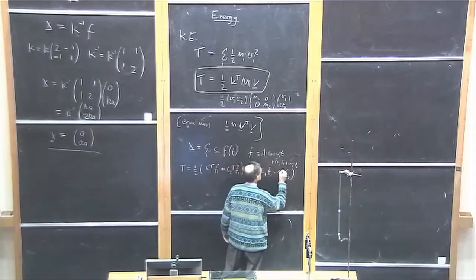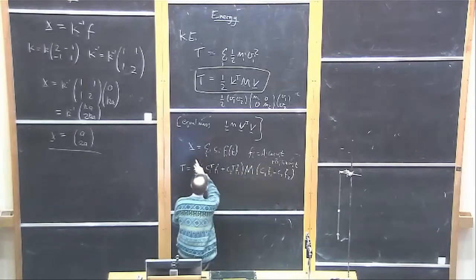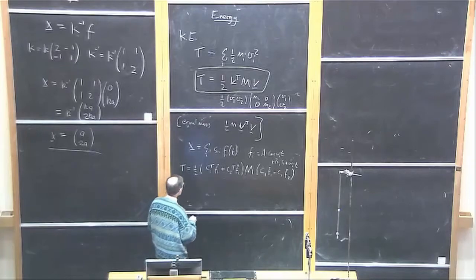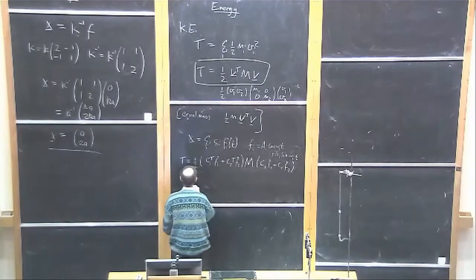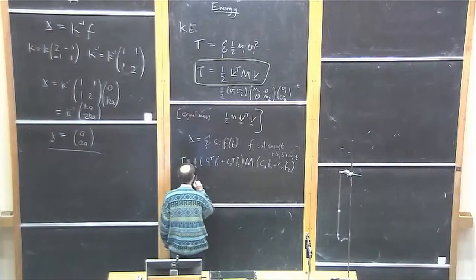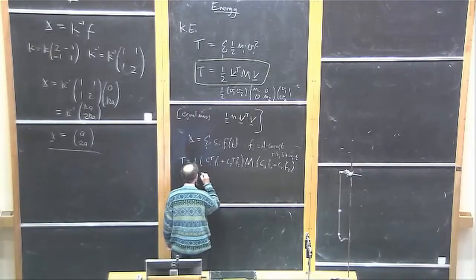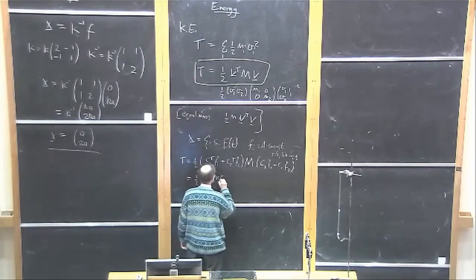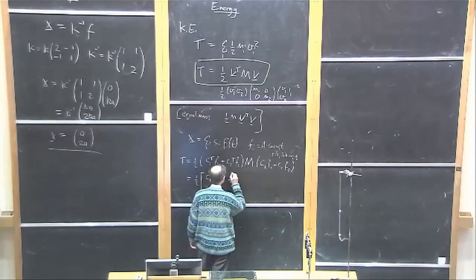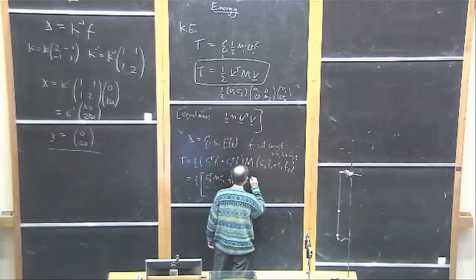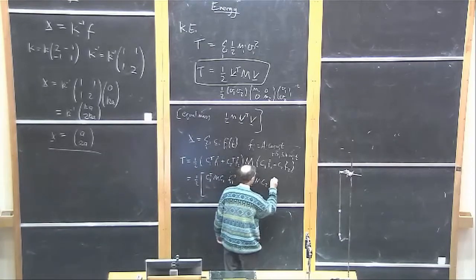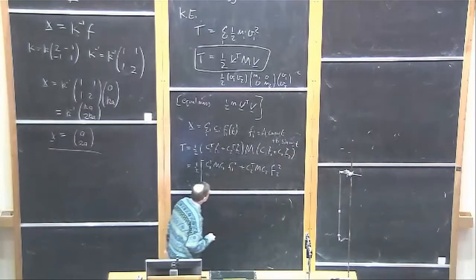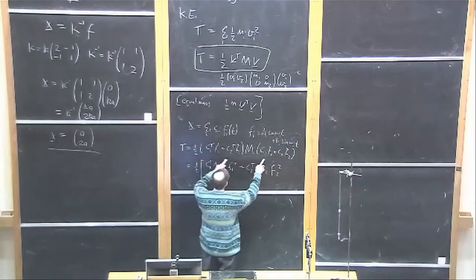Okay. I should have written out the equation for v, which is the time derivative of that, of course. So if I just expand that out, I get 2 terms involving C1 transpose MC1 F1 dot squared plus C2 transpose MC2 F2 dot squared, which are the ones where you take that with that.